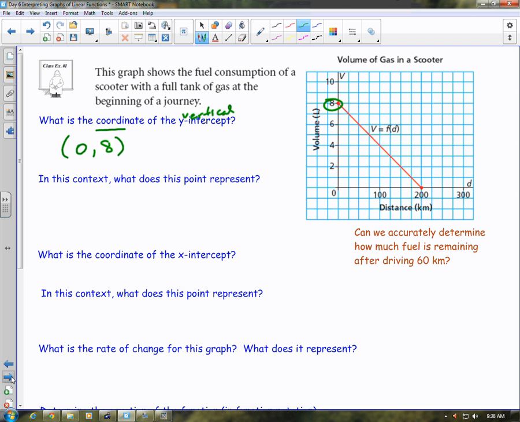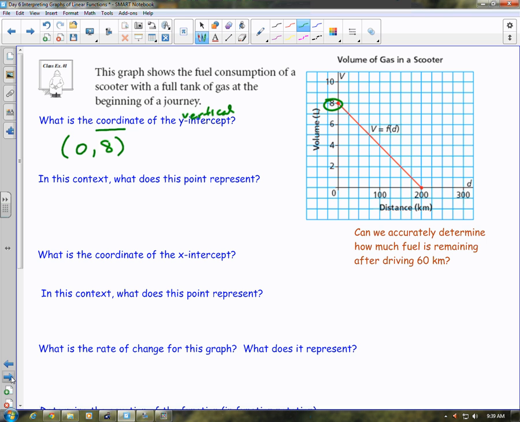Now, the second question has us interpret what that y-intercept means. It says, in this context, what does the y-intercept represent? You have to do two things here. You have to say it is 8, and the units for this 8 are liters.